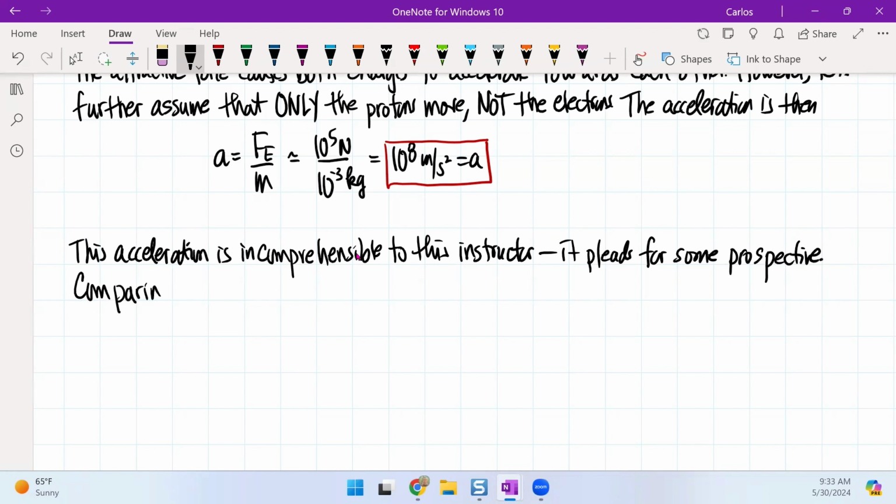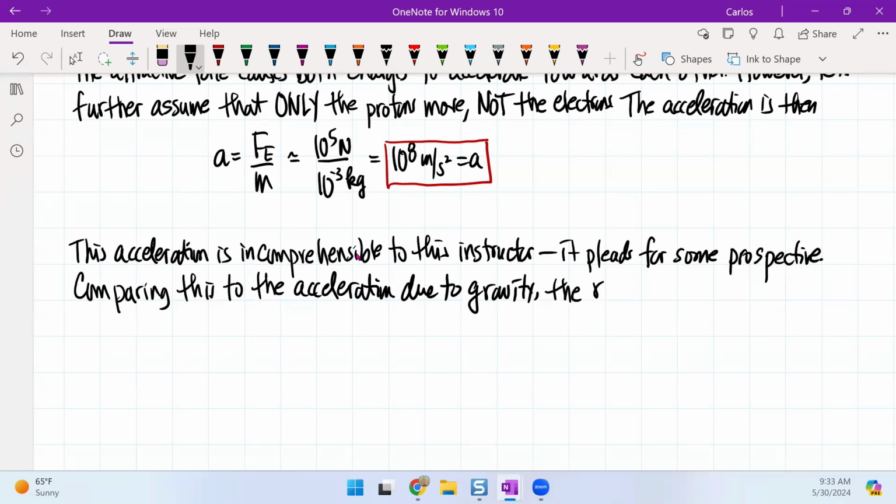Comparing this to the acceleration due to gravity, we look at the ratio. The ratio shows that A over G is then going to be 10 to the 8 meters per second squared divided by 10 to the 1 meters per second squared, which gives us a value of 10 to the 7.